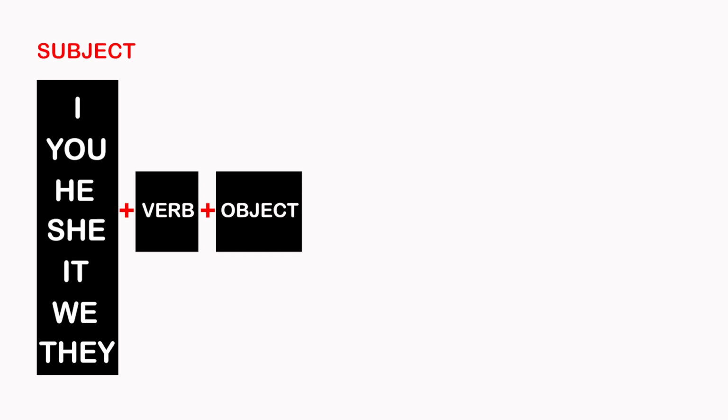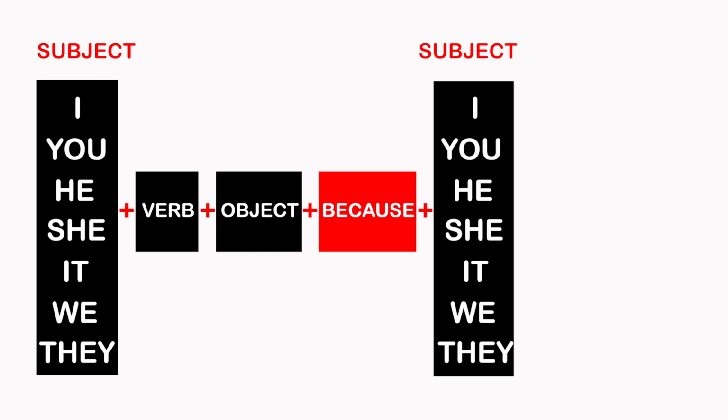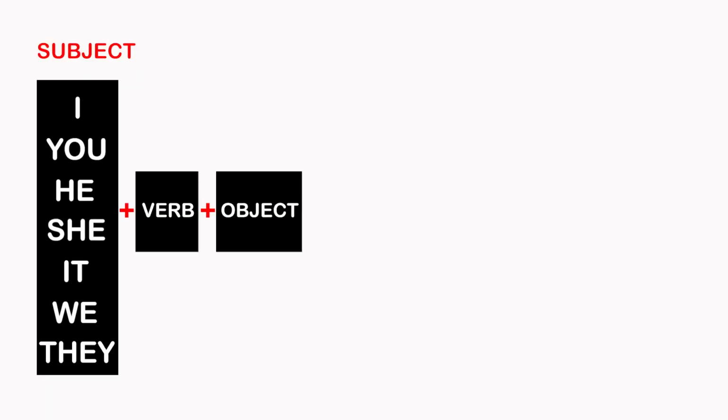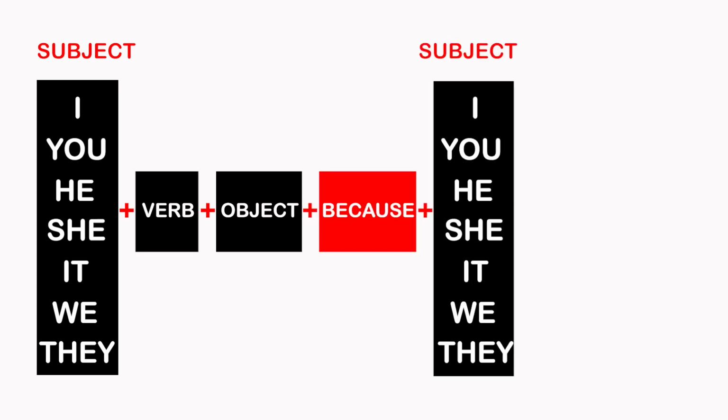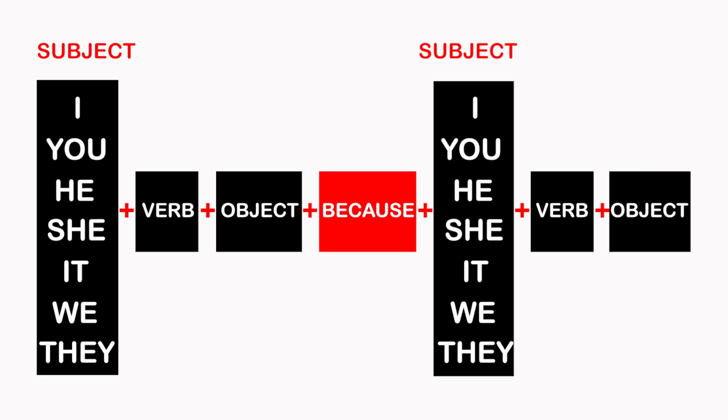Next, we will have the word because. After because, again, we will have a subject, a verb, and an object. All right, so we've got the SVO, subject, verb, object, because, and then subject, verb, object. You're following the because with a subject, verb, and object.